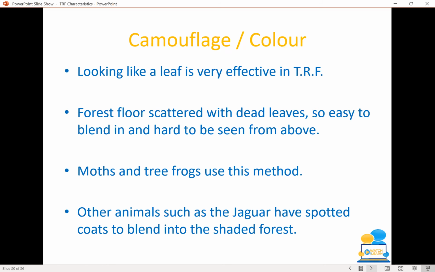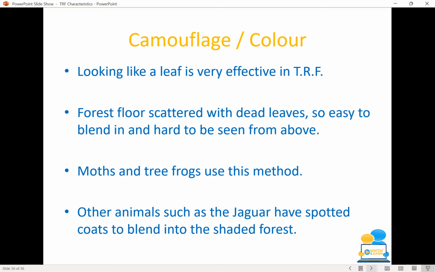In terms of camouflage and color, looking like a leaf is very effective in the tropical rainforest. Forest floors are scattered with dead leaves, so it's easy to blend in and hard to be seen from above if you look like a dead leaf. Moths and tree frogs use this method in order to survive.